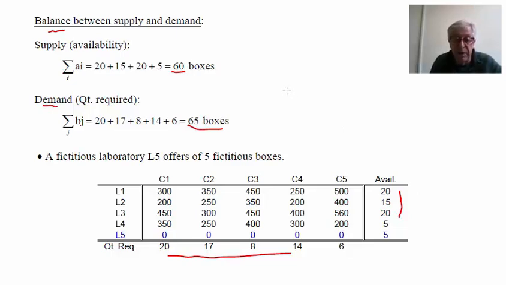And of course, mathematically, this problem has no solution as it is. So we need to create a fictitious laboratory, which we are going to label L5, that will provide 5 fictitious boxes so that supply and demand is equilibrated. Of course, the transportation cost of delivering these fictitious boxes is 0.